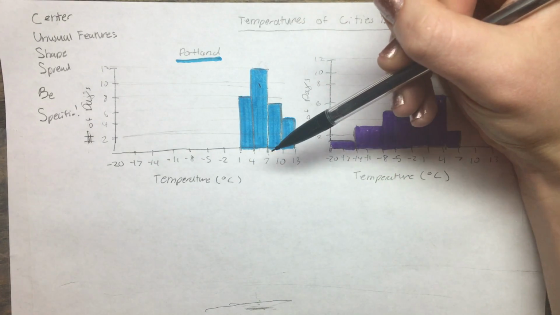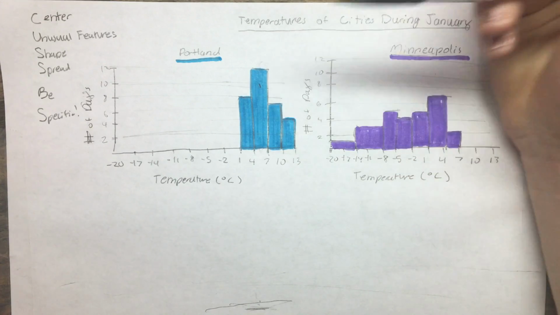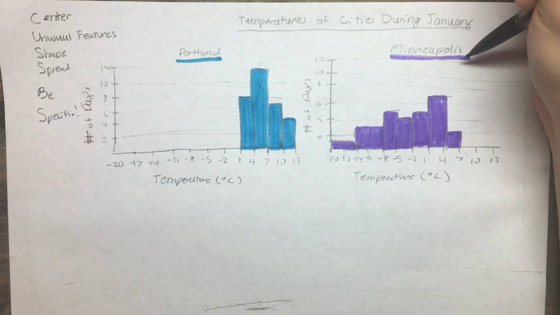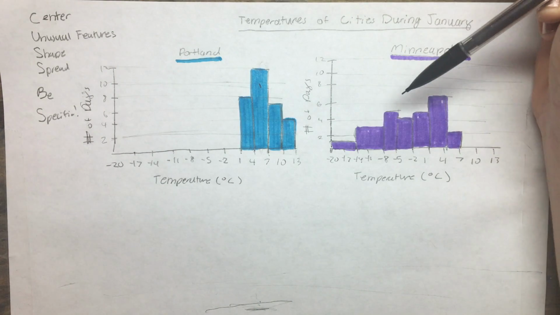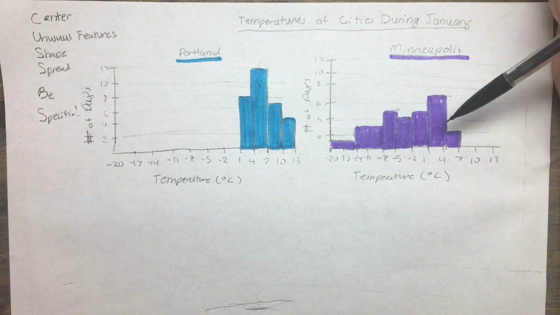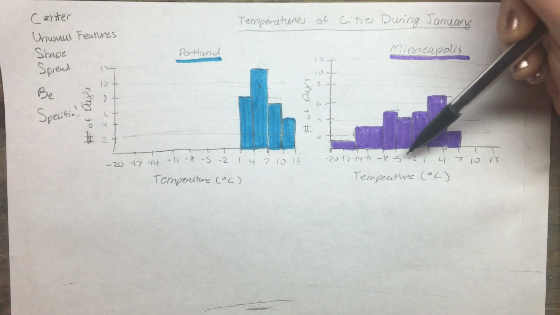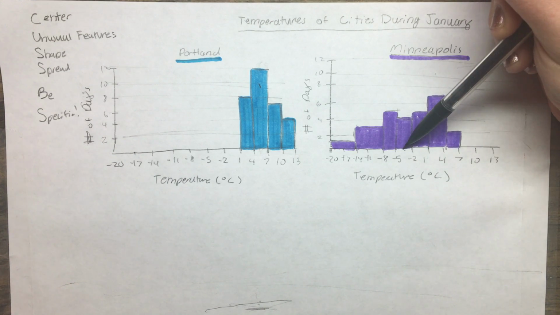So I think it's about 6 degrees Celsius for Portland. And the center for Minneapolis, it's kind of hard to tell because it is skewed out and everything, but I would say it is between -5 and -2 maybe, so maybe -3 degrees Celsius, and I'm just going to say approximately and say that number.